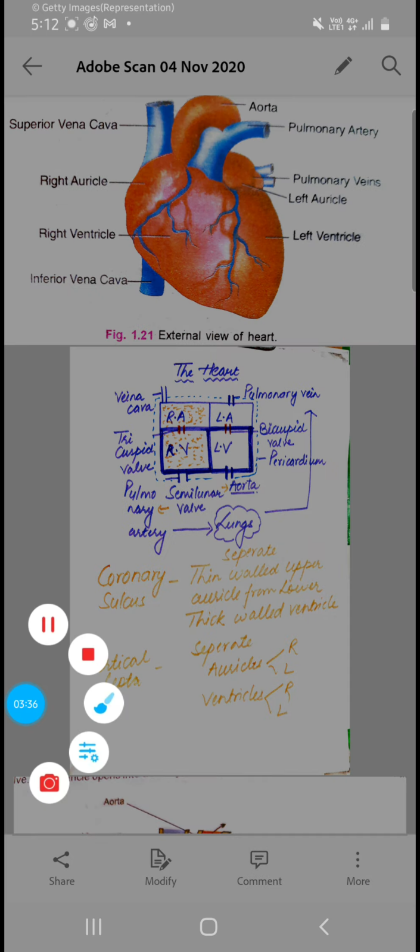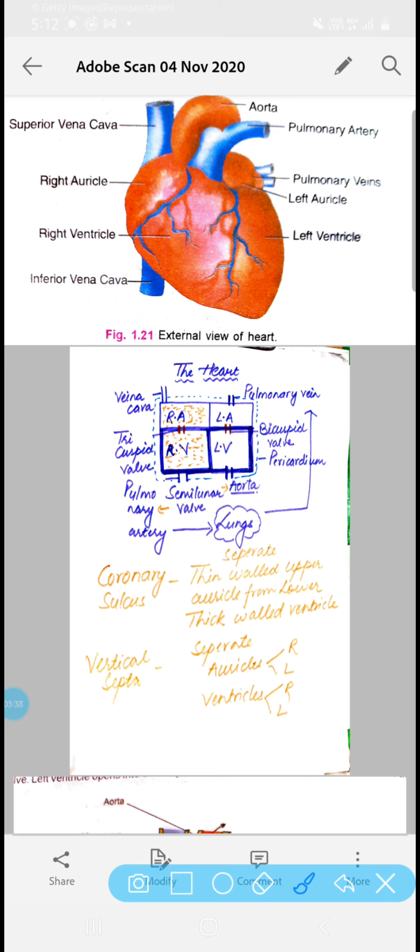Now we come to the next part. I have made a simplified diagram of the heart to explain the structure. This diagram will help you in better understanding of the structure of the heart as well as the working of the heart. As I have discussed with you, our heart is divided into 4 chambers: right auricle, left auricle, right ventricle, left ventricle.